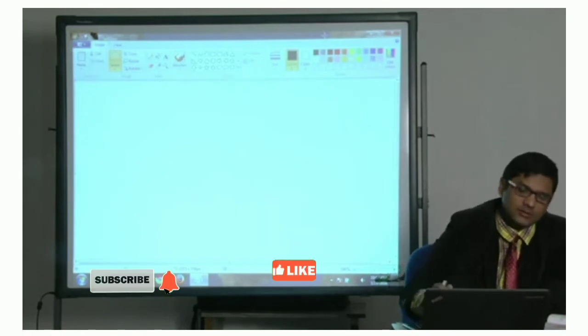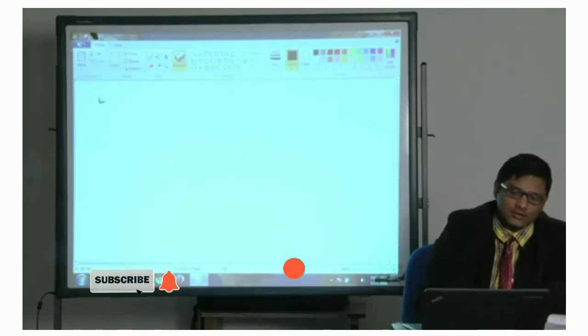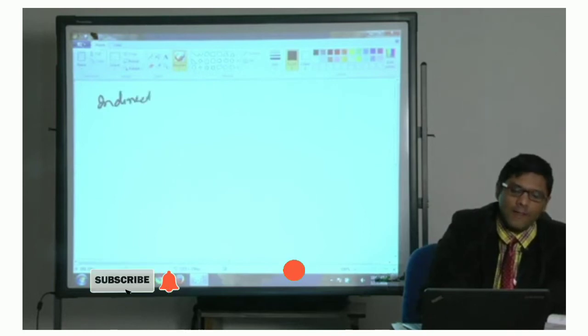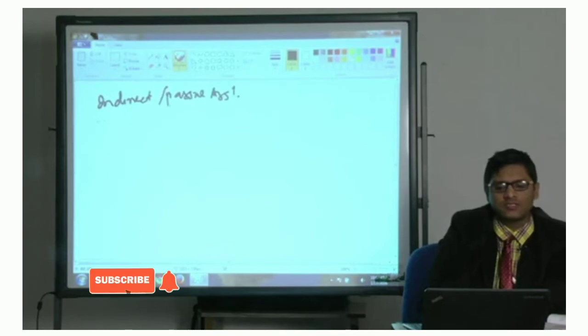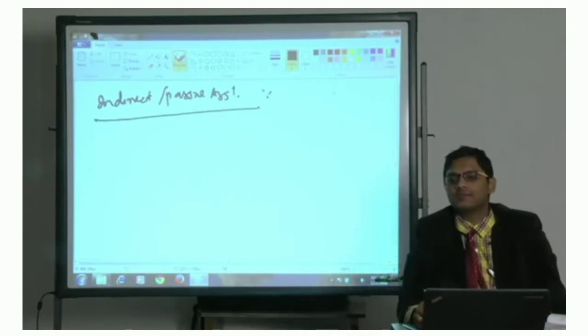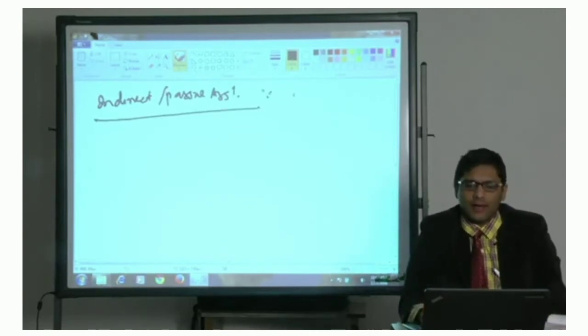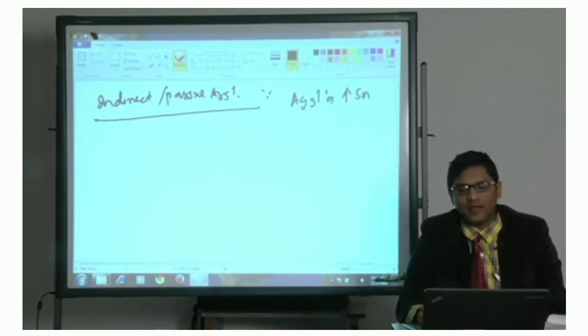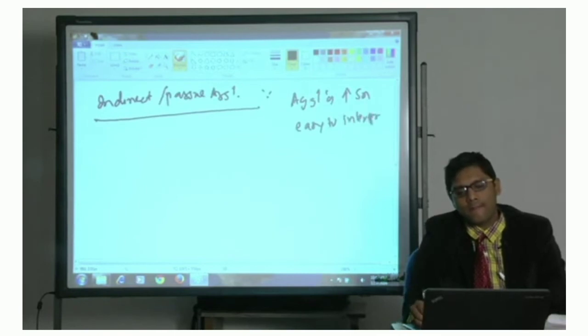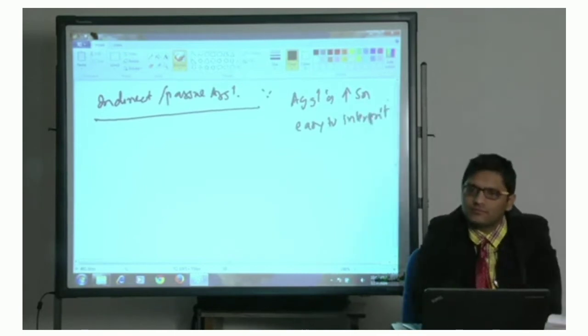Then comes indirect agglutination test, indirect or passive agglutination test. Which is more sensitive, agglutination or precipitation? By definition, agglutination is always more sensitive and easy to interpret than precipitation reaction.